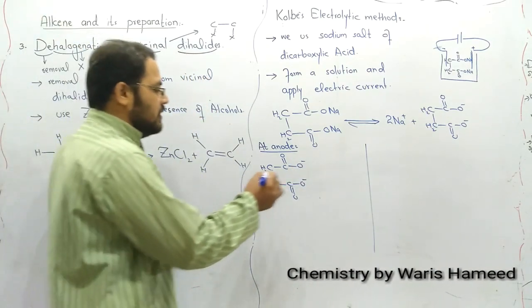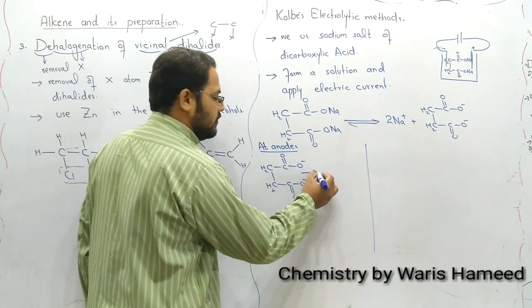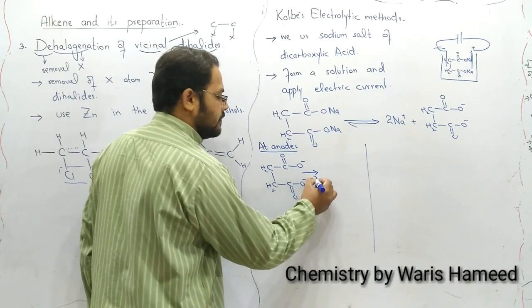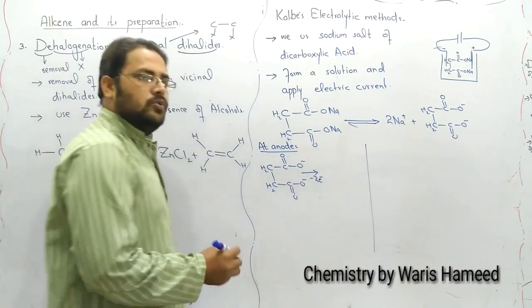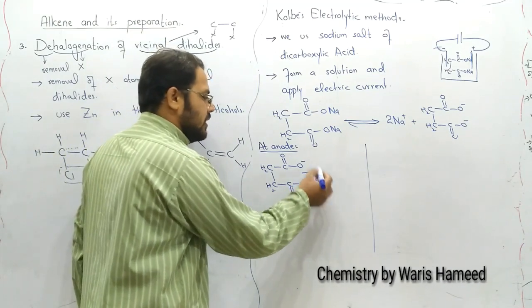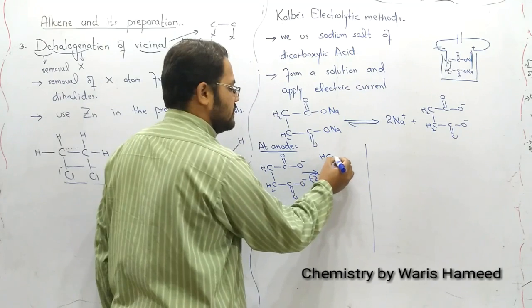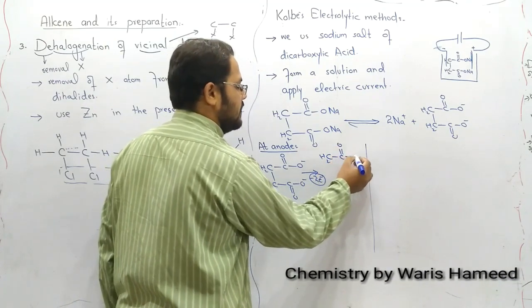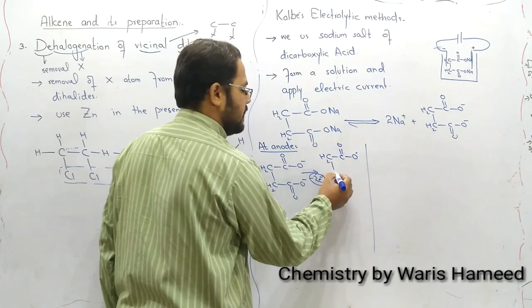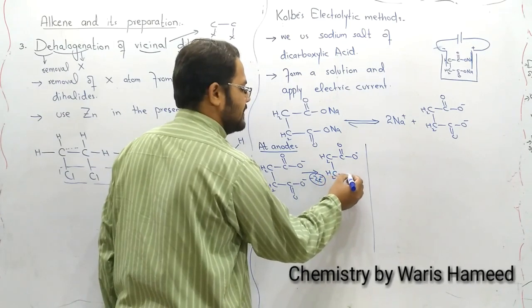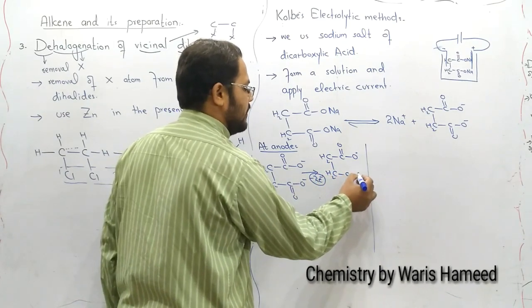At the anode it will lose two electrons and form radicals: CH2 single bond C double bond O, O radical, CH2 single bond C double bond O and O radical.